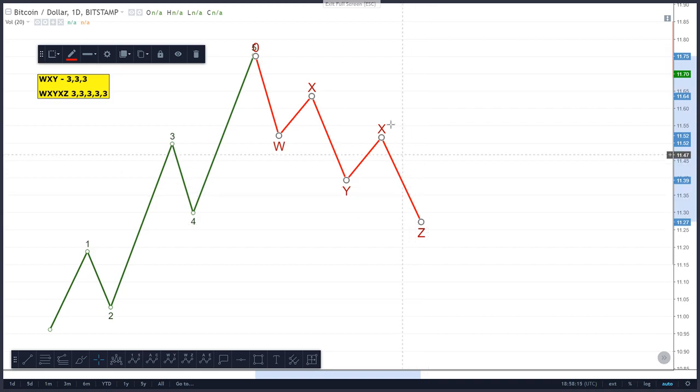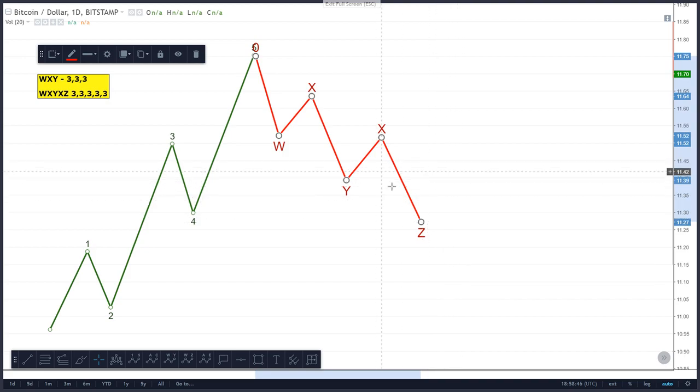Basically, triangles can occur anywhere except in wave W. They'll never occur in W, whether it's a WXY or a WXYXZ, you'll never find a triangle in wave W, and in the WXYXZ you'll never find it in wave Y either, because triangles are either the final corrective wave or you'll find them in the X wave. Yeah, but they'll never be one of the earlier corrective waves in the chain of corrective waves.